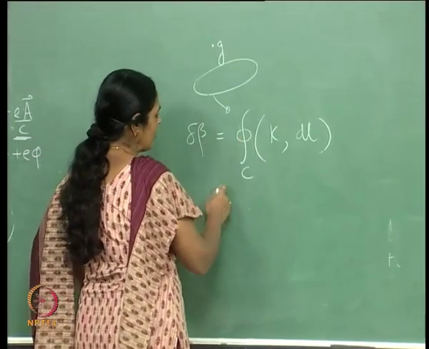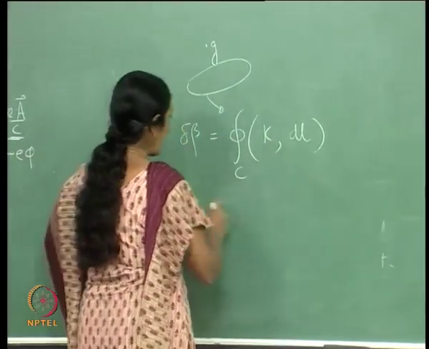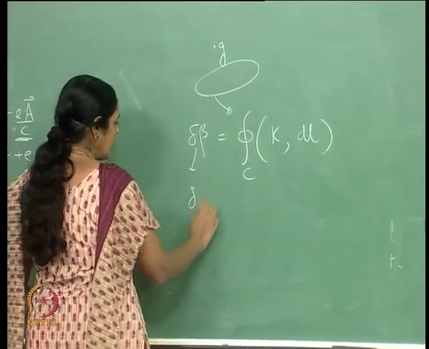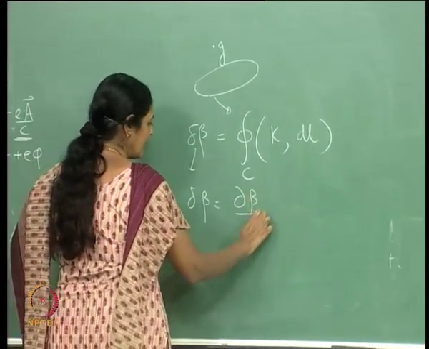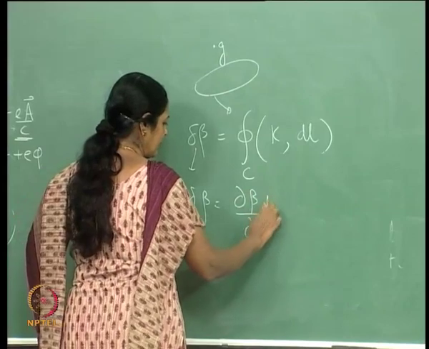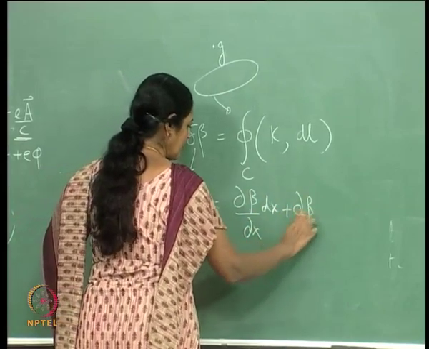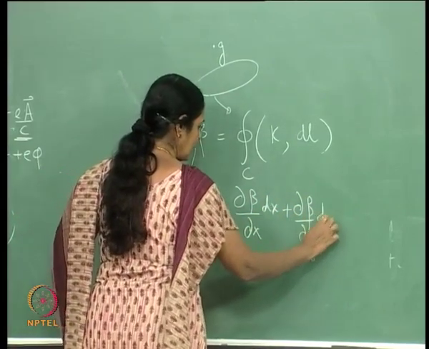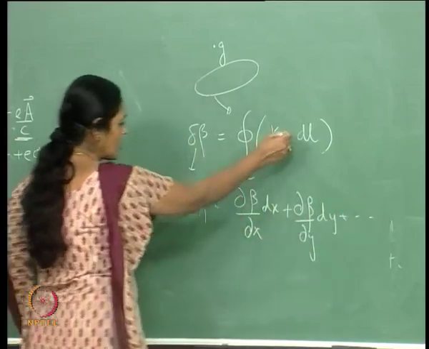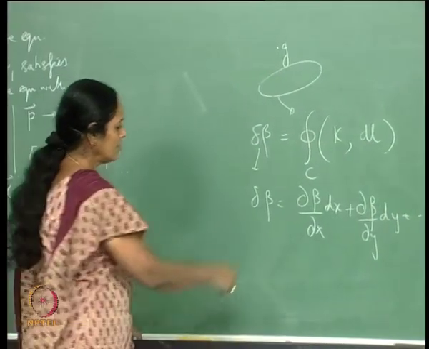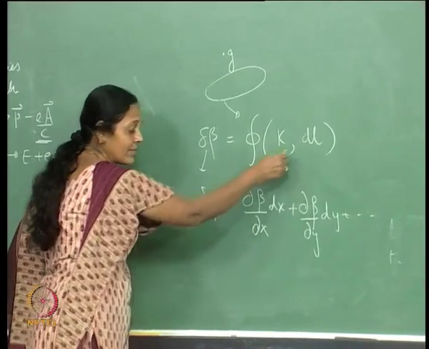But this delta beta, because I know that delta beta is this object, and that is how I got that expression, because kx is this and ky is that and so on.